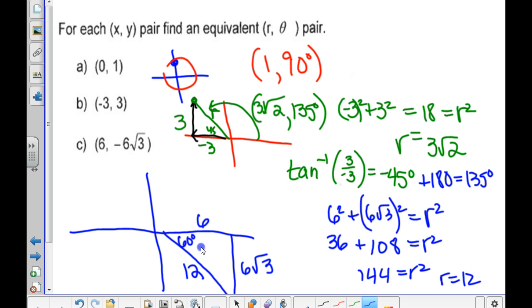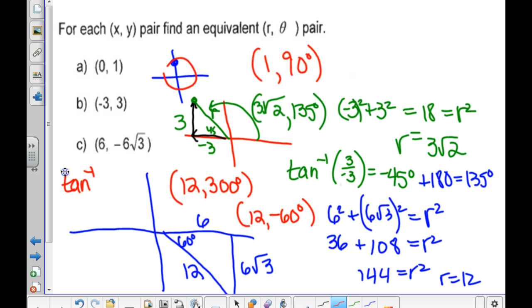Anybody have a name right now that you would like to do? 12, 300. Does that work, guys? Could I call it 12, negative 60? Okay. If I typed second tangent of y over x, can everybody type that, please, and tell me what you get?